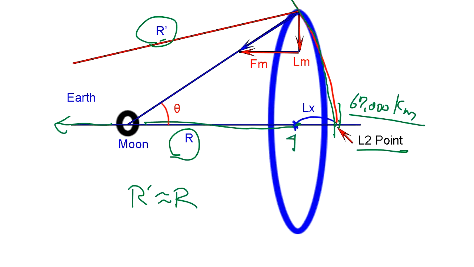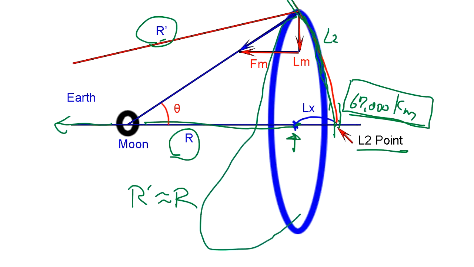This is going to be slightly less because we have to keep this distance about this to be stable. So this is like an L2 point correction. The actual shape is a little more complicated, something like this, and China probably did it using a supercomputer or something.